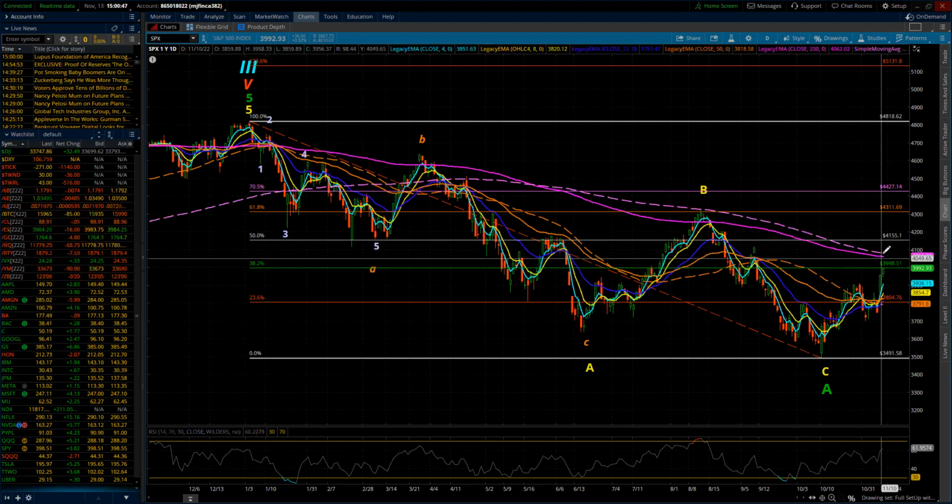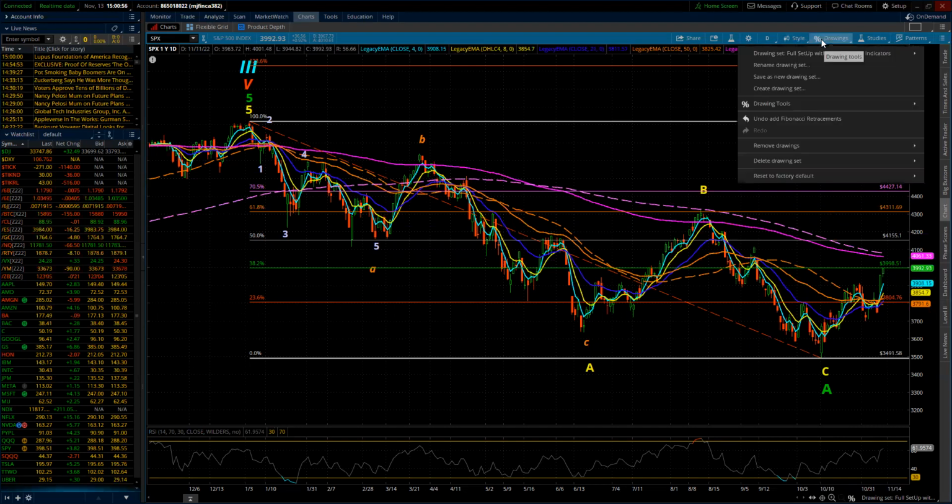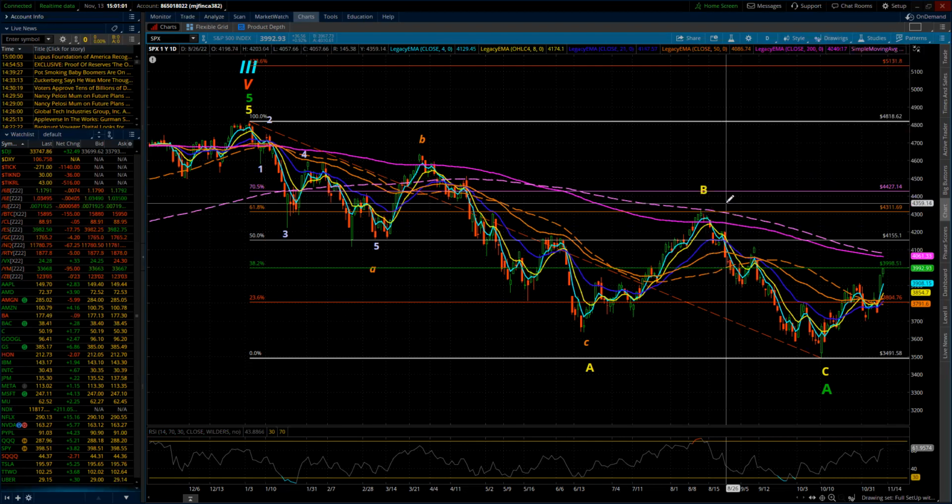But I think we need to allow for this move to continue. And what I can do is, if we're going to use this, and again, this is going to come in 2 different ways, because on view number 1 or view number 2, I'm counting them both the same. That's an ABC up. What it actually forms is yet to be determined.